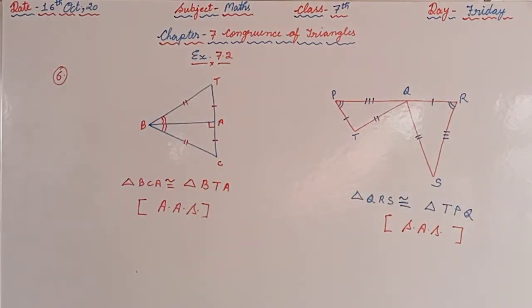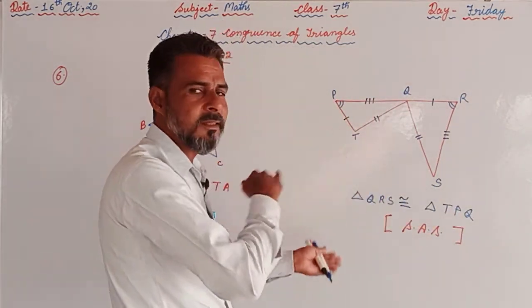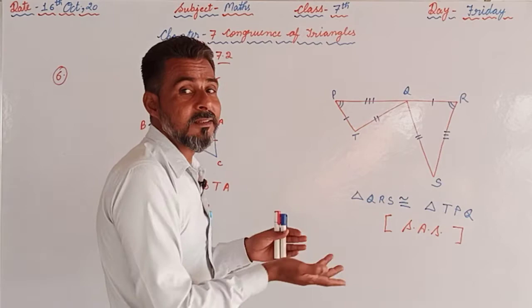Now I told you previously that we cannot change the name of the triangle. Because if we change the sequence, the corresponding angles will be changed, and the corresponding angles are equal here.